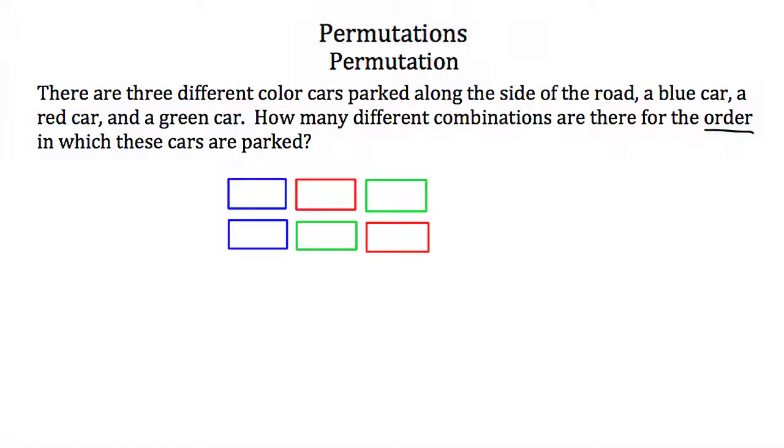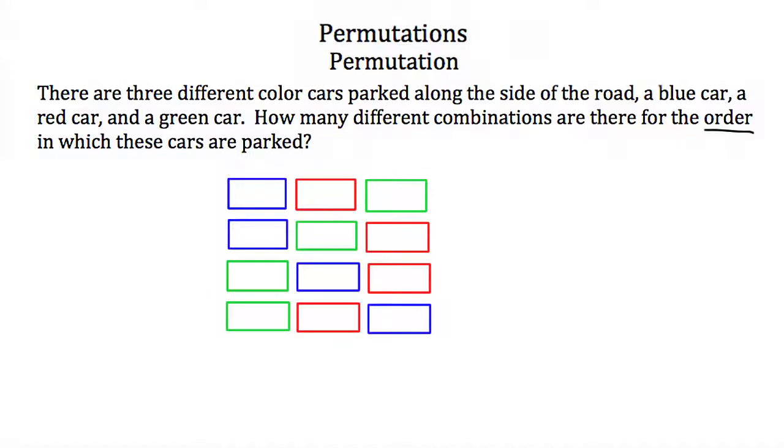Now what if the blue car wasn't parked first? What if the green car was parked first? Well, then the green car could be followed by the blue and the red. Or the green car could be followed by the red and then the blue. Now the last two different combinations of how these cars can be parked would involve the red car being parked first.